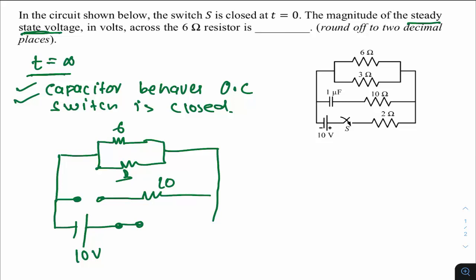I'm putting two dots, and you have the 2 ohm resistor now. They're asking to find the magnitude of the steady state voltage across the 6 ohm resistor. Magnitude means whichever polarity we take, it doesn't matter. So basically this is minus, this is plus, let's say. This is Vx, so Vx we are supposed to find.